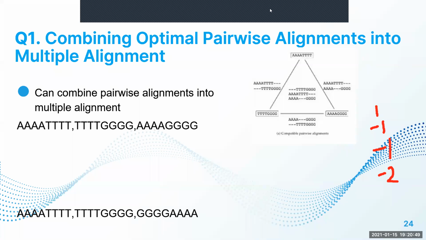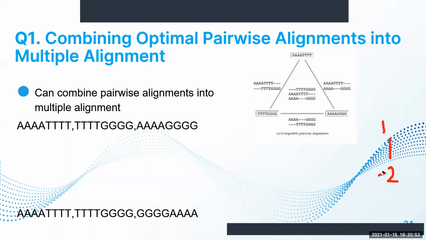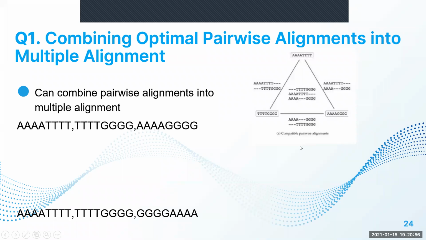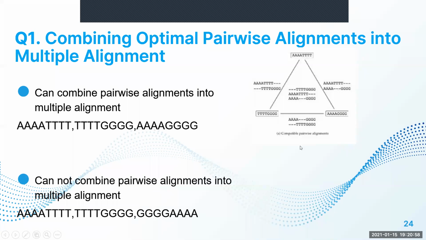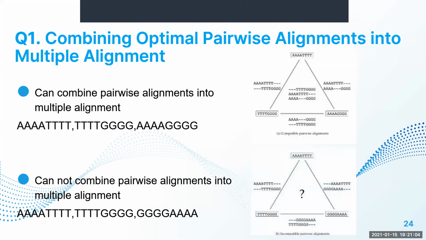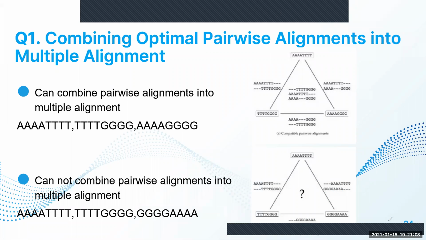So the idea was, if you try to align a sequence like this, you have to get the optimal solution for your pairwise alignment.